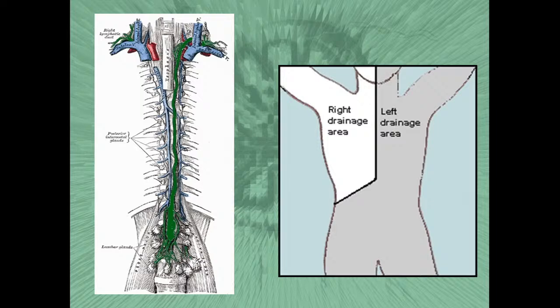In this case, its tributaries empty into the right internal jugular vein directly. The tributaries of the right lymphatic duct are represented by right bronchomediastinal trunk, right subclavian trunk, right jugular trunk.